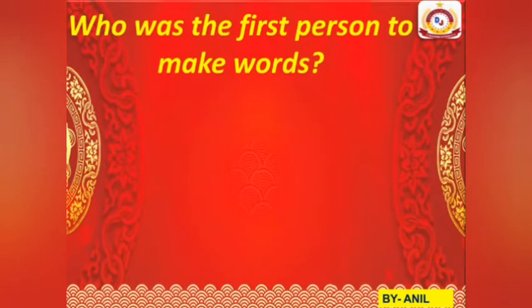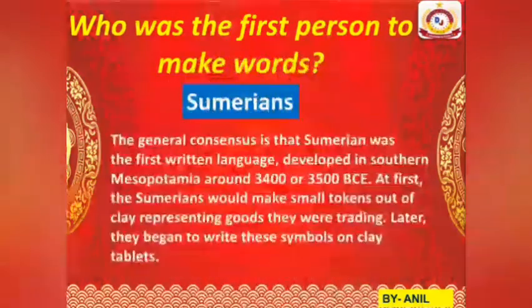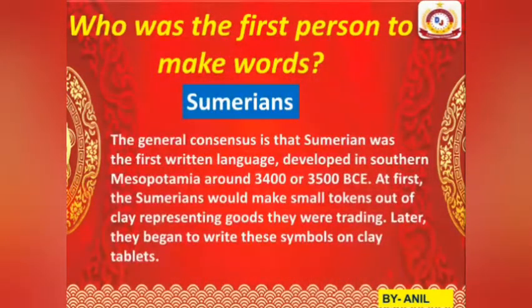Who was the first person to make words? The Sumerians. The general consensus is that Sumerian was the first written language. It was developed in southern Mesopotamia around 3400 or 3500 BCE.